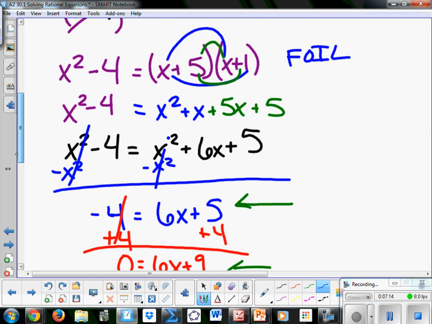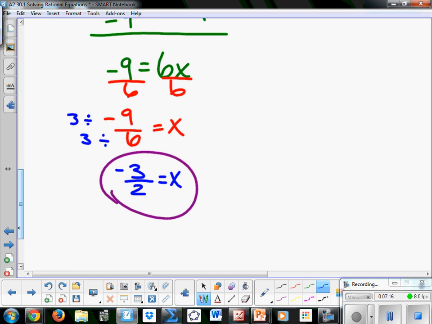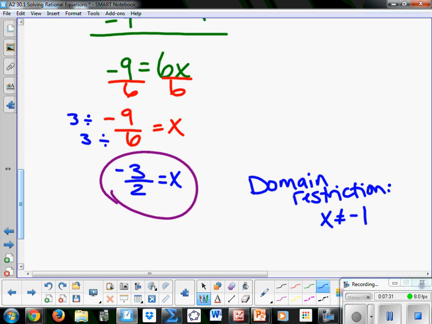Okay, so we end up with x equals negative 3 halves. That's not negative 1. Our domain restriction was that x cannot equal negative 1. So this is okay because it's not x equals negative 1.